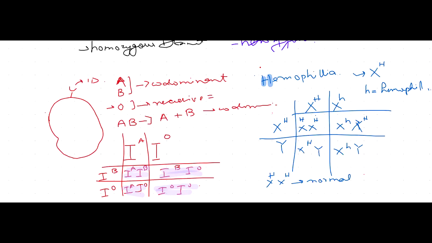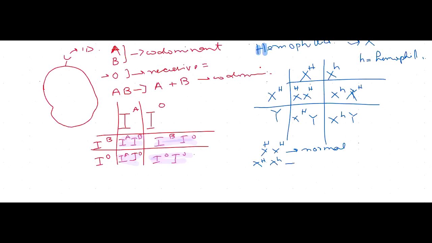The second possibility is that you can have a girl, but this girl has the recessive gene. This girl has the hemophilia gene, but the hemophilia gene is recessive. Since it is recessive, it will not show up.